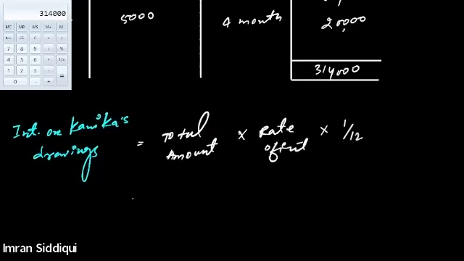So the total amount is 3,14,000. Multiplying it with the rate of interest, that is 6% per annum, into 1 by 12. So we will get 18,840. 18,840 divided by 12, we will get 1,570.